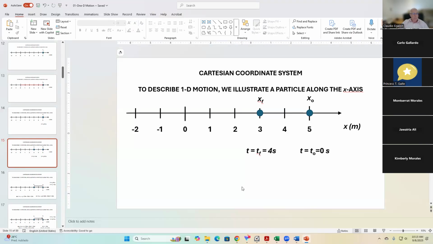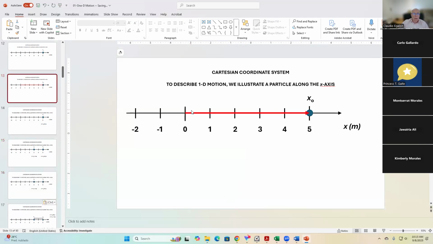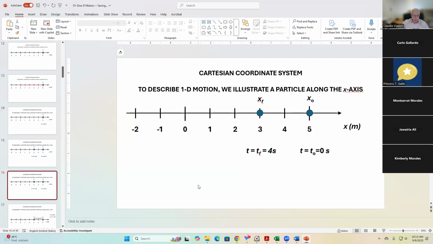Instant of time. And in both cases, the position of the object can be denoted in terms of this red vector. And vectors are denoted in terms of an arrow, okay?